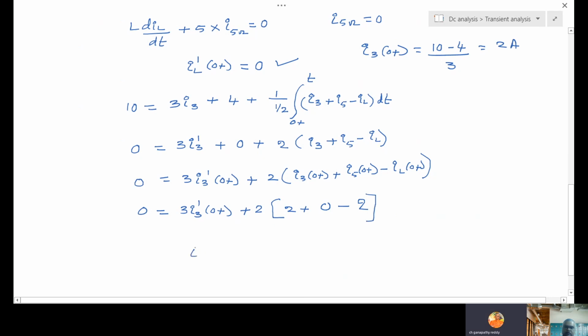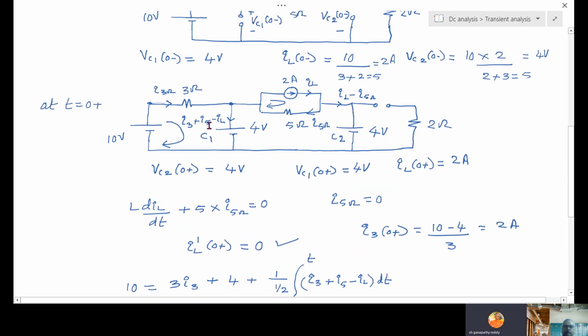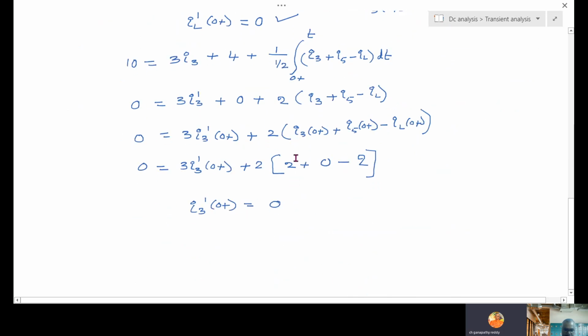Now solve for I3 prime 0 plus. You will get 0. Next, we want this expression Vc1 of t. What is the Vc1 expression?